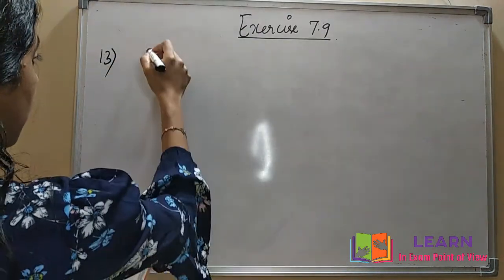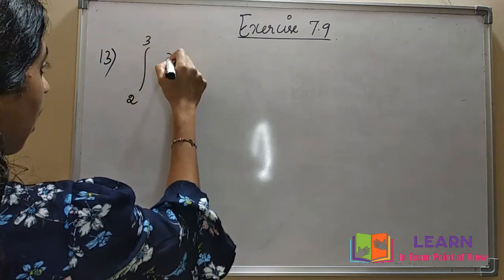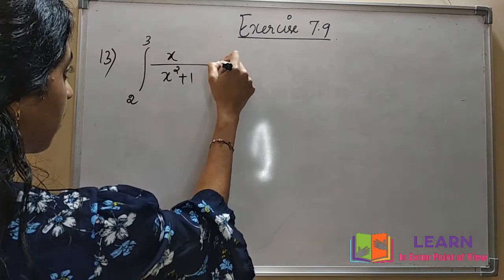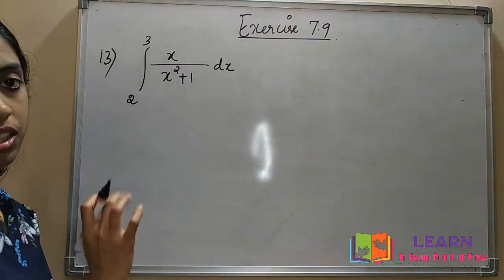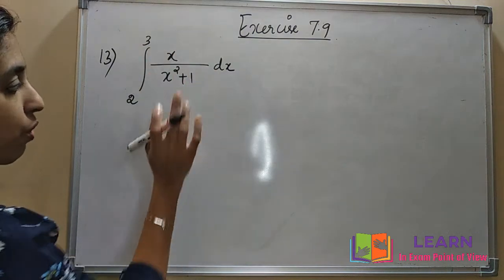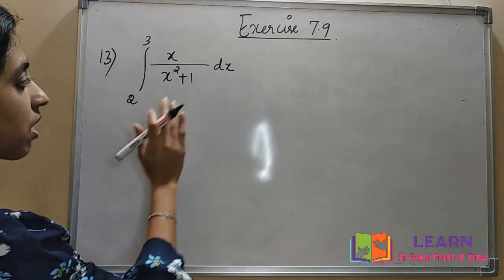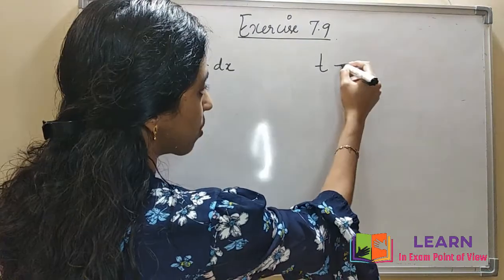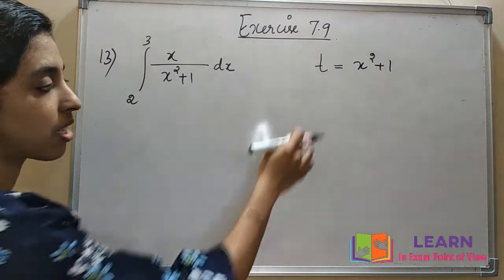It is given as integral limit 2 to 3, x by x square plus 1 dx. Okay. Here, as we have already studied, that is the substitution method. Like that you can integrate this, then apply the limits. So here how will you substitute t? x square plus 1 can be substituted as t.